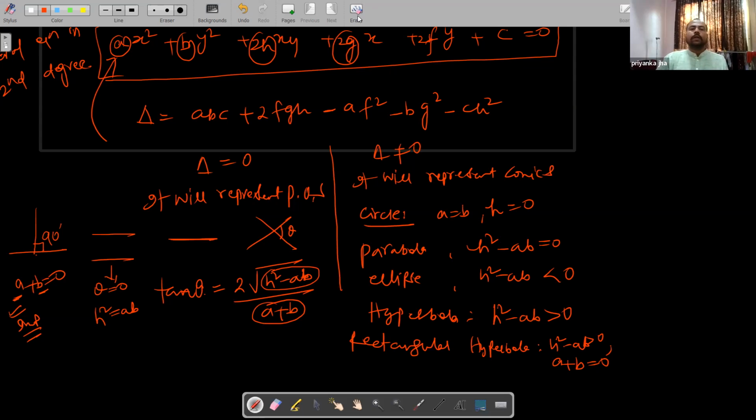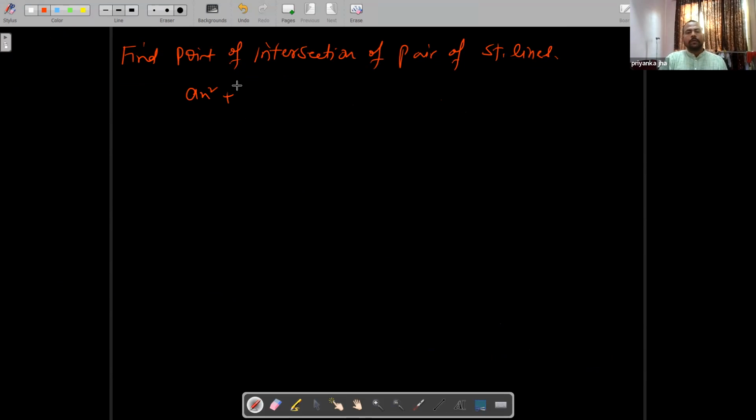Okay, now see. Now I want to find the point of intersection of the pair of straight lines ax squared plus by squared plus 2hxy plus 2gx plus 2fy plus c equal to 0.